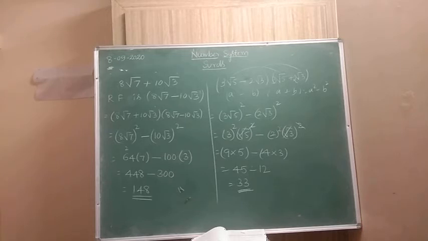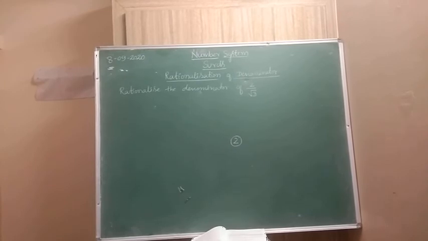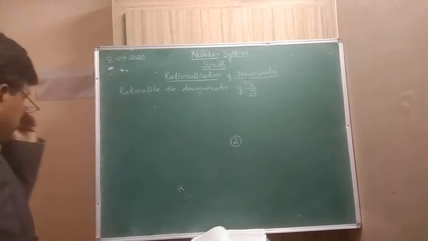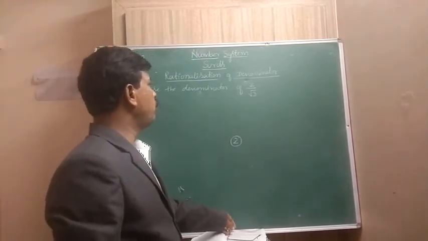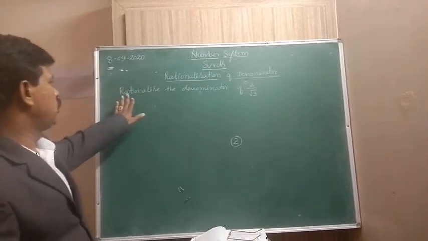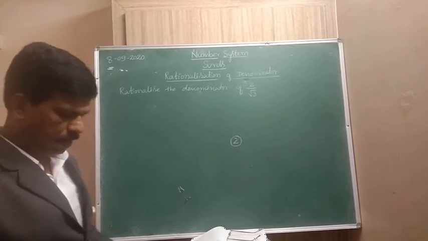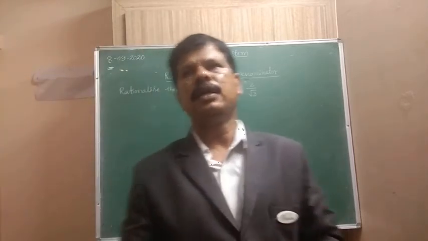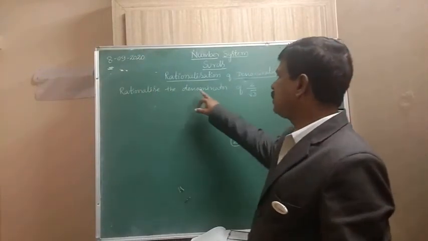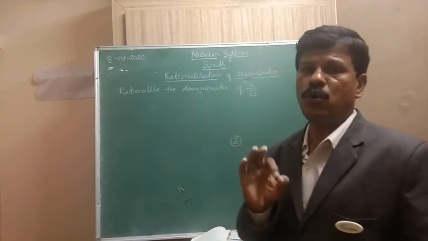Clear? Now see that, rationalization of the denominator. Example: rationalize the denominator of 2 by root 3. And remember one thing, here they asked to rationalize the denominator only.